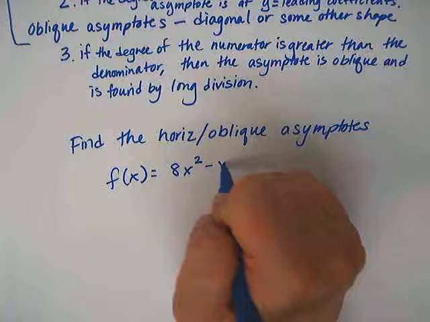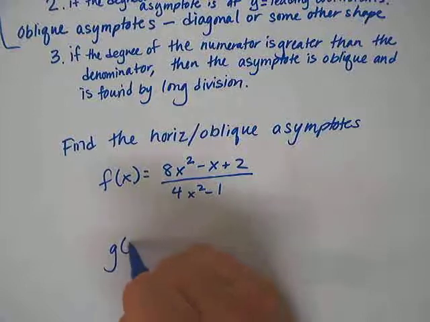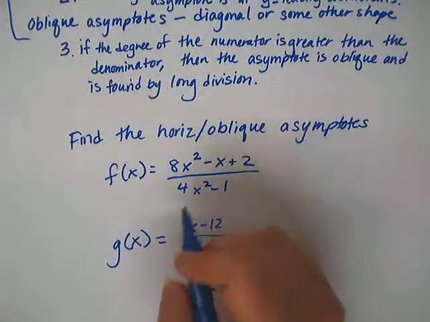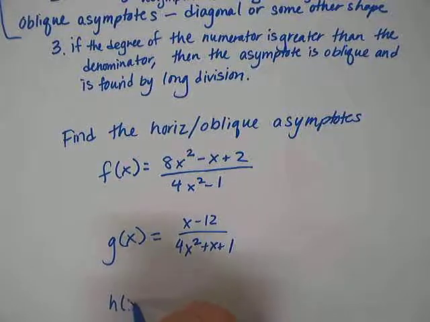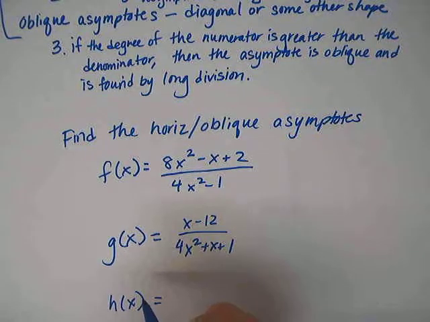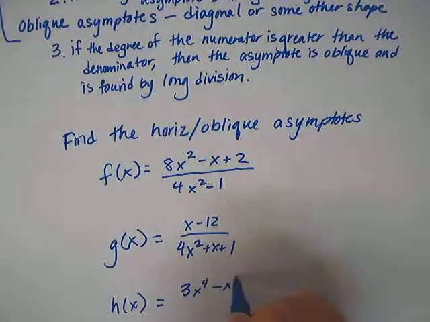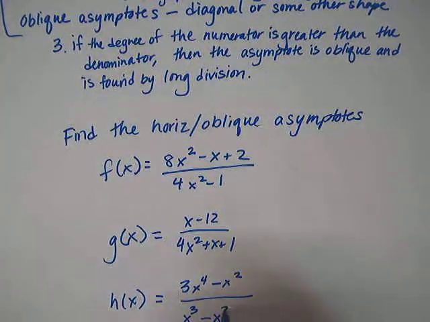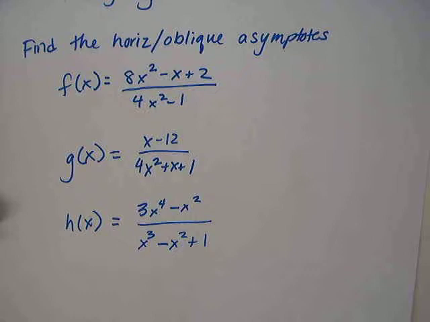How about f of x equals 8x squared minus x plus 2 over 4x squared minus 1. G of x equals x minus 12 over 4x squared plus x plus 1, and h of x equals 3x to the 4th minus x squared over x cubed minus x squared plus 1.